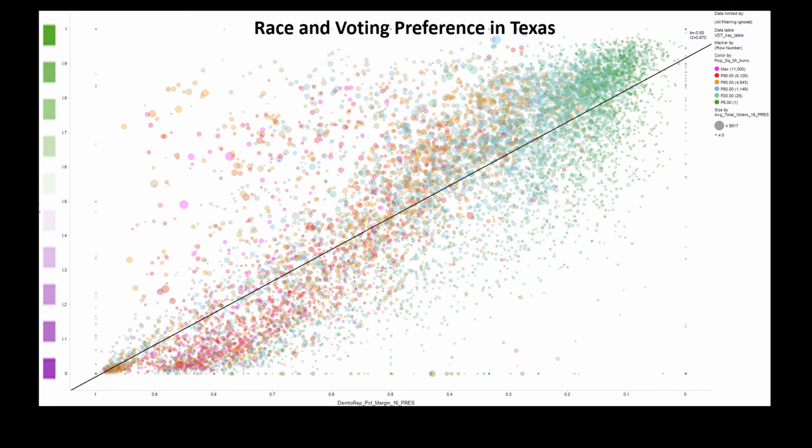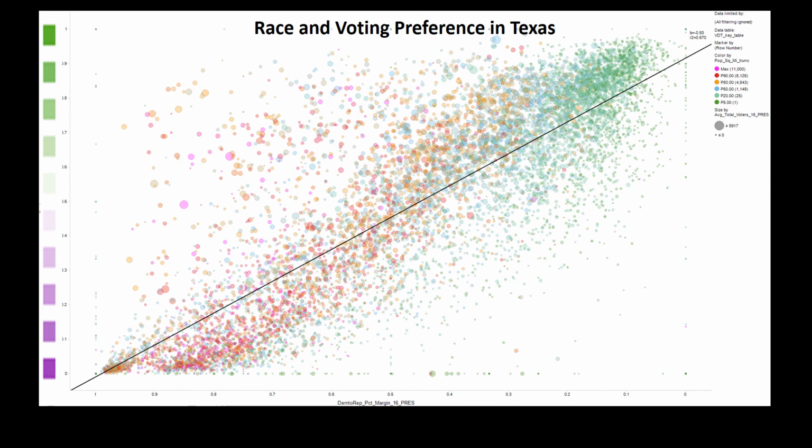Now I want to end by talking about a disturbing observation. You may feel somewhat uncomfortable, as I do, in equating minority voters with Democrats and white voters with Republicans. But as uncomfortable as it is, here is the data. On this graph, I've plotted all Texas precincts as a dot, each dot sized by the number of voters in the precinct.